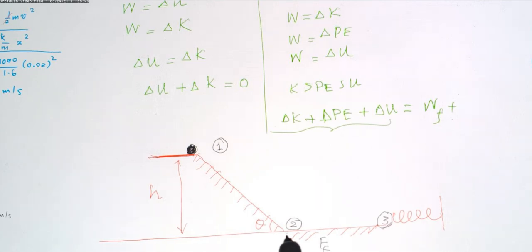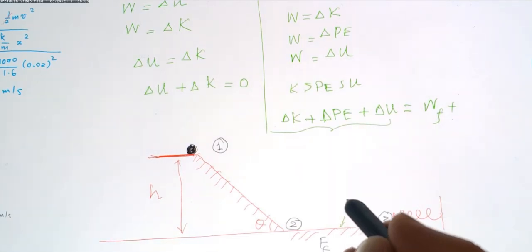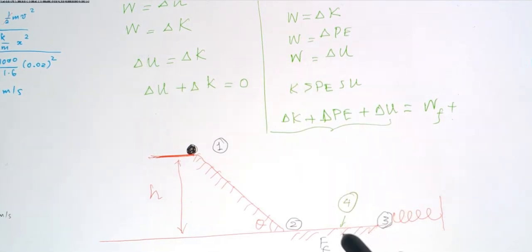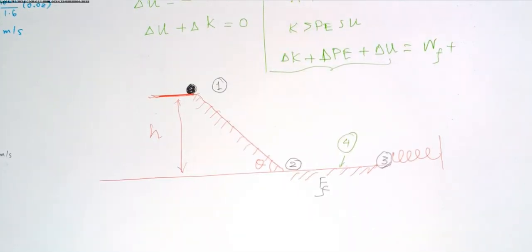It will be all kinetic energy, equal to the potential energy minus the energy lost to friction. In the middle, at point 4, I can ask you what is the speed. The kinetic energy equals the potential energy minus all the friction energy.